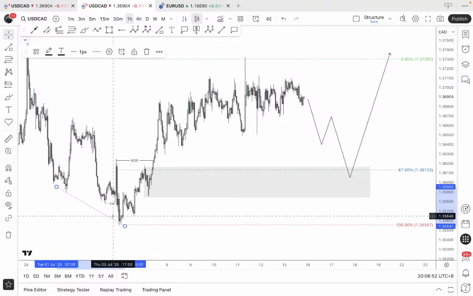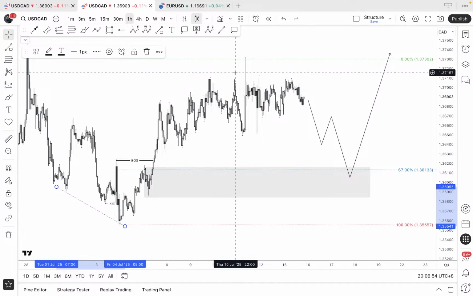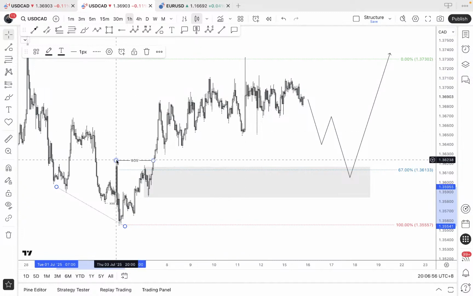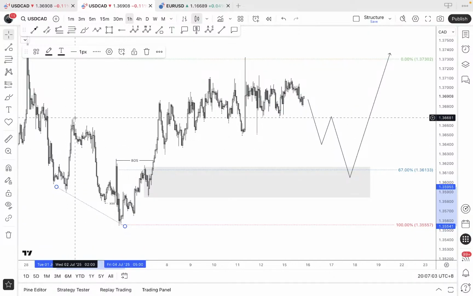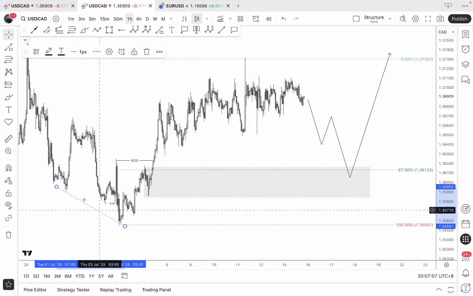However, the market eventually reverses with momentum and takes out this high here, as well as this previous high, right? So we have an obvious break of structure, and therefore that strengthens the case that this is actually a liquidity sweep.